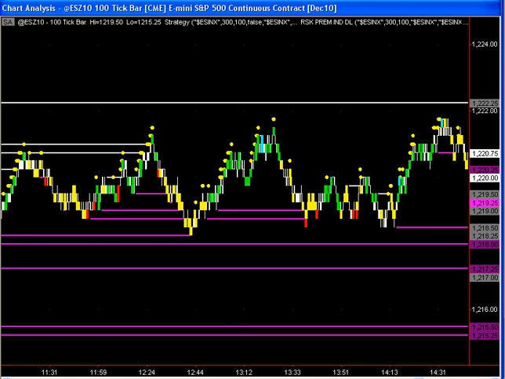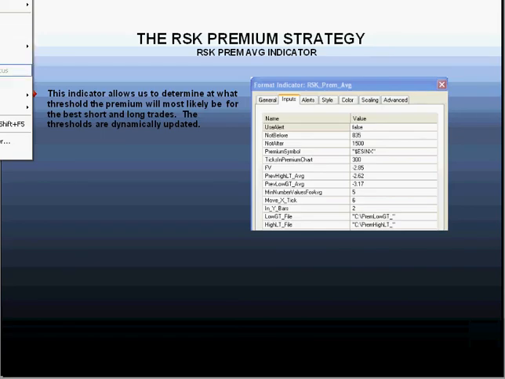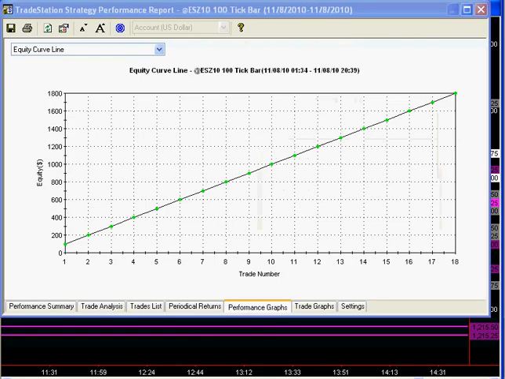Each of the trades were successful, and here's what we see in the way of the strategy performance report and the accompanying equity curve.